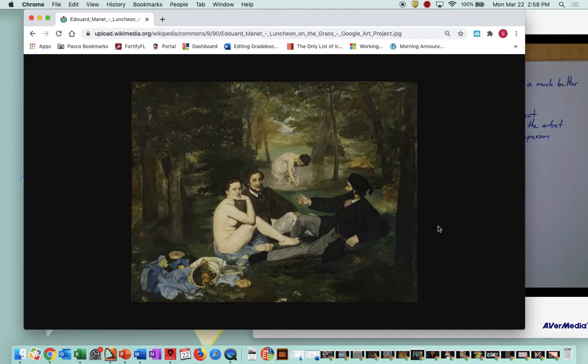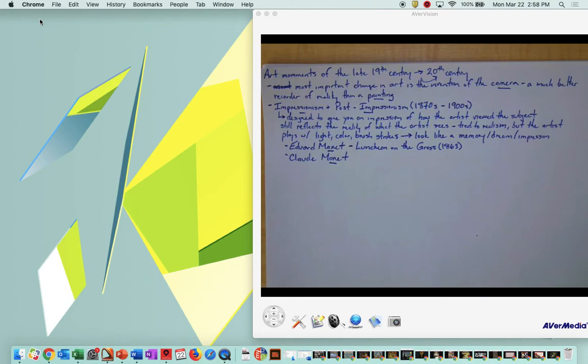It wasn't allowed to be exhibited in any of the museums in Paris. That was until our old friend Napoleon III started hearing about these paintings and said, well, let's let the public decide. And all of these paintings in this Impressionist school were finally allowed to be seen by the public.